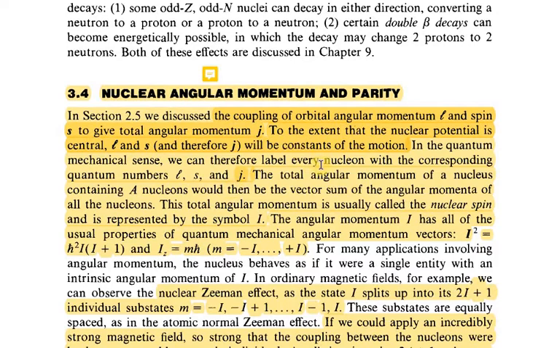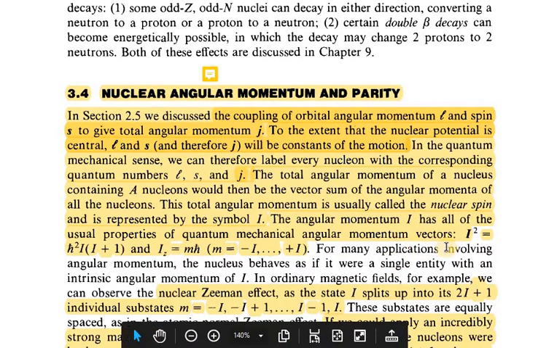The total angular momentum of a nucleus containing A nucleons would then be the vector sum of the angular momenta of all the nucleons. This total angular momentum is usually called the nuclear spin and is represented by the symbol I. The angular momentum I has all of the usual properties of quantum mechanical angular momentum vectors.